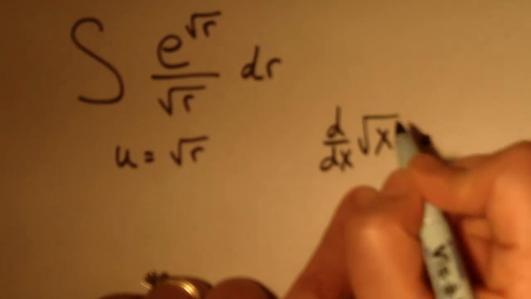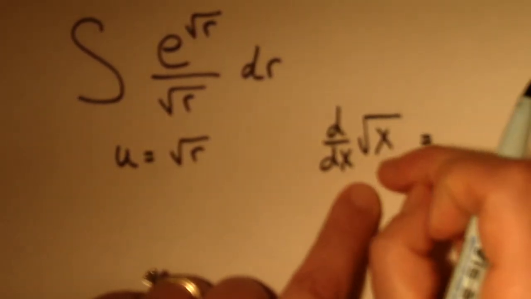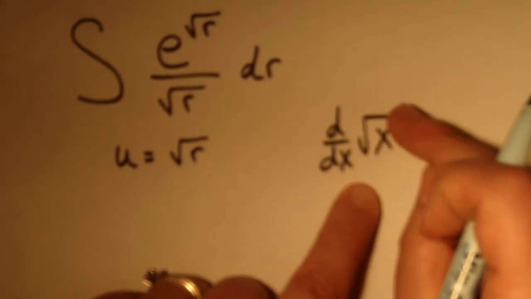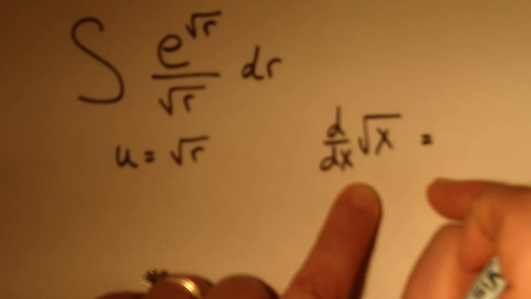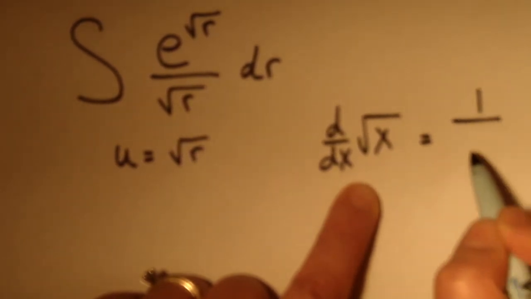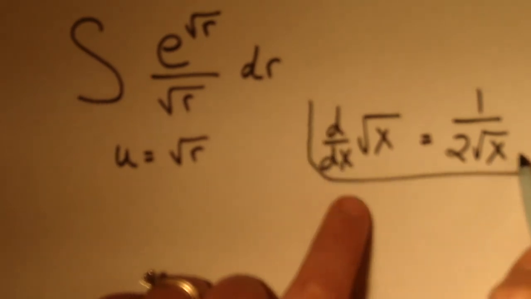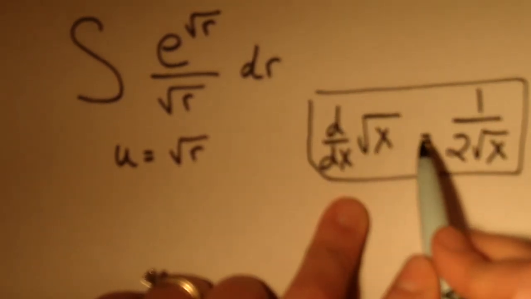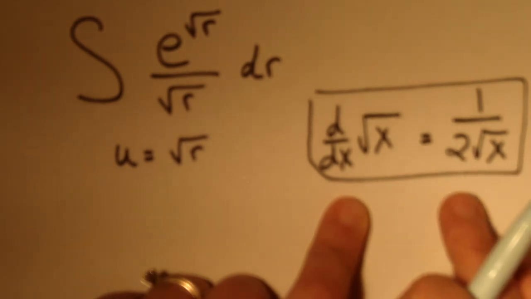If you can't recognize this very quickly, you could raise x to the positive 1/2 and use the power rule and decrease the power by 1. But this comes up so many times that I want you to memorize that the derivative of radical x is equal to 1 over 2 radical x.